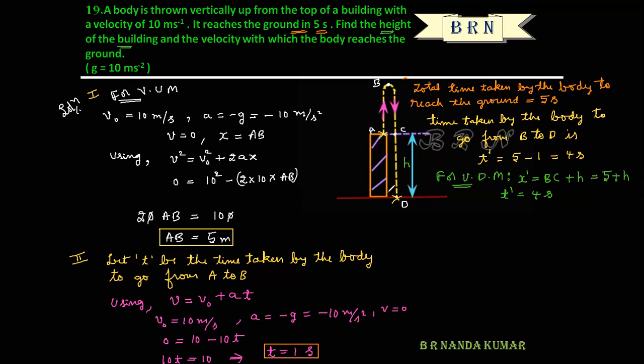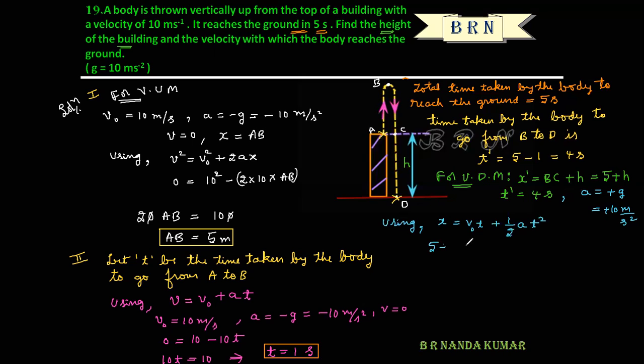Now by using the second kinematic equation, x is equal to v naught t plus half a t square. Here the body is moving vertically downwards, so a is equal to plus g, that is plus 10 meter per second square. X is 5 plus h.